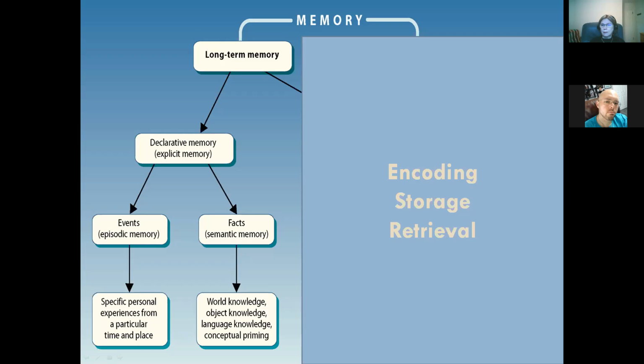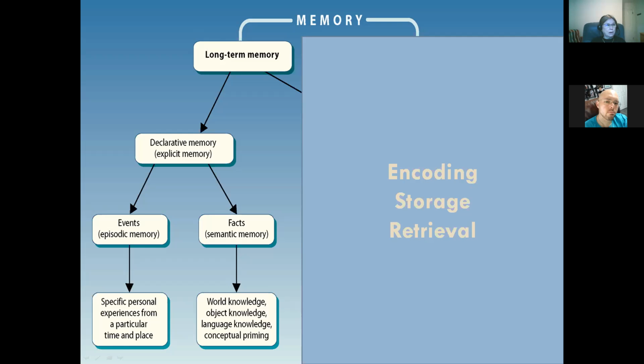Now we're talking about explicit memory, and here Tulving's contribution is that we have to think about two different subtypes. One is called episodic, or memory for events and their contexts, versus semantic, which is facts.